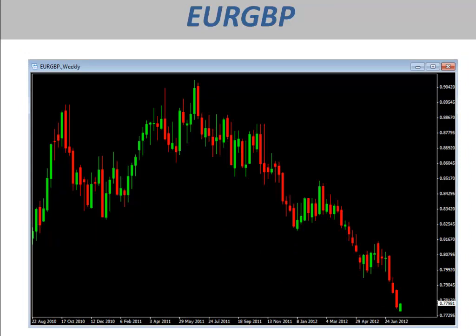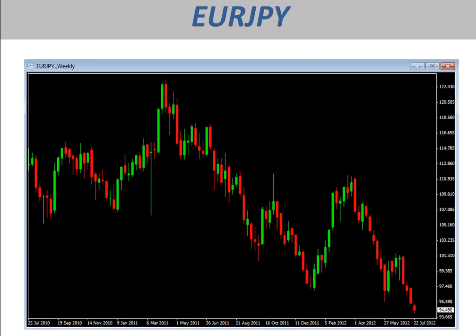So we have the euro pound, the euro Aussie before that, then the euro yen. This is below 95, also multi-year lows, like 10-year lows, I'm not exactly sure. Huge lows for the euro yen, and it just shows this complete rotation out of the euro.